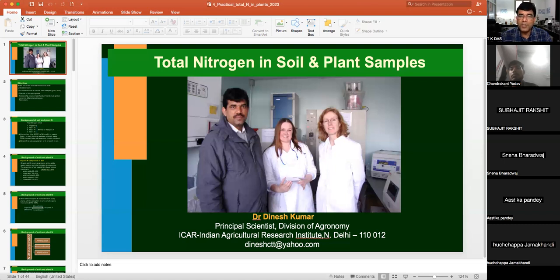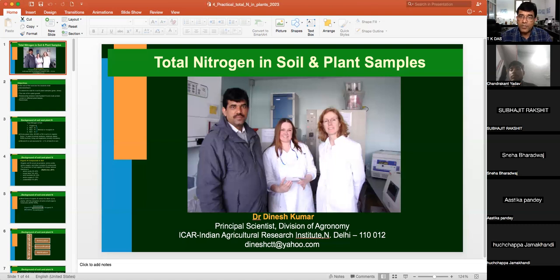Whatever nitrogen is present in organic matter, 2% can be mineralized into inorganic forms during the cropping season or during 1 year. Suppose the total nitrogen is 3,000 kilograms per hectare. Out of this, 2% will be made available to the plant during the growing period. So 2% of 3,000 means 60 kg.